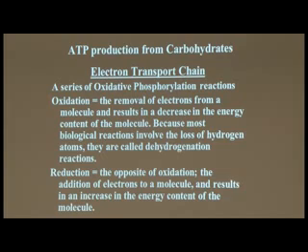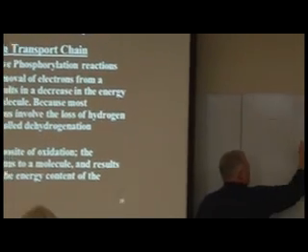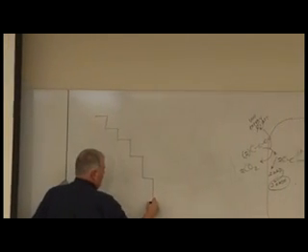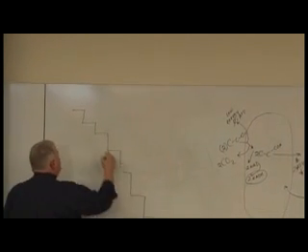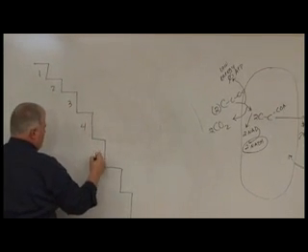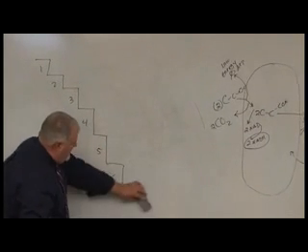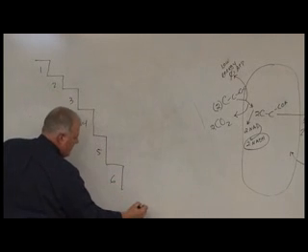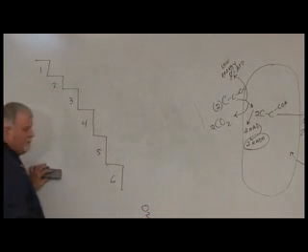Okay. So the way I like to do an analogy of that is that my membrane is like a stair step. And I have these 6 molecules involved in the stair step. And at the end of my 6 molecules is where oxygen is going to be.